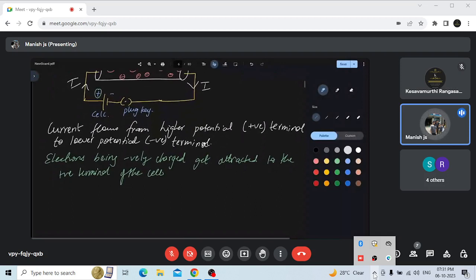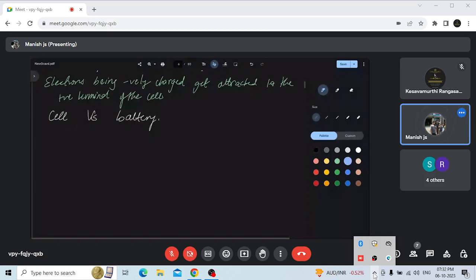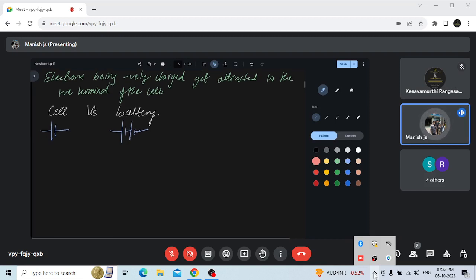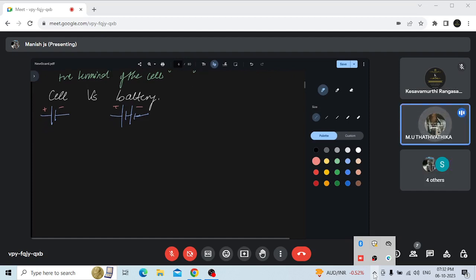Now, we'll try to understand what is a cell and what is a battery. Who can tell me the difference between a cell and a battery? I'm just drawing the diagram here so that you can find out. Did you get the difference by looking at the diagram? A cell is single, but a battery is a combination of cells. Exactly.